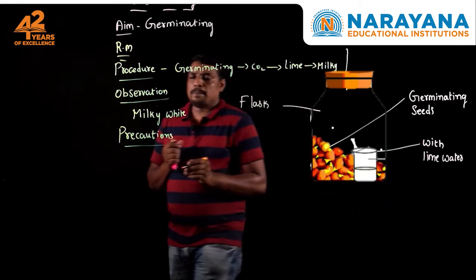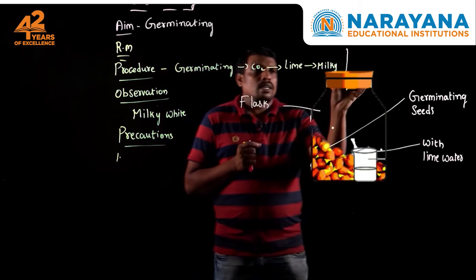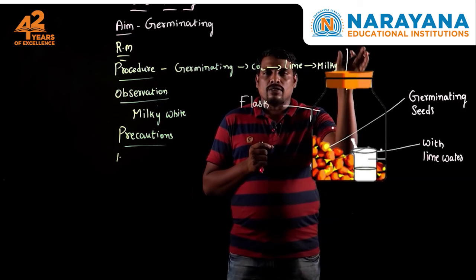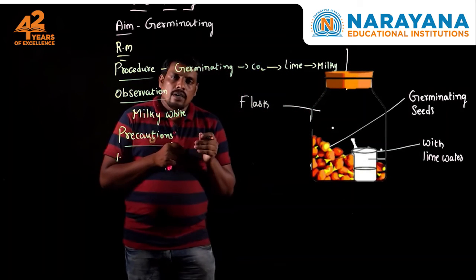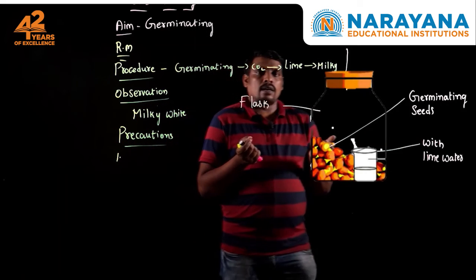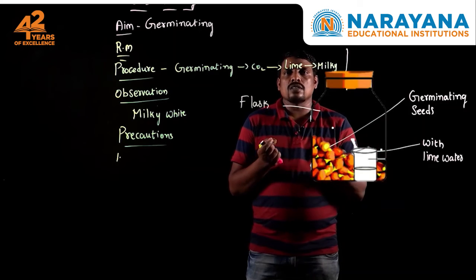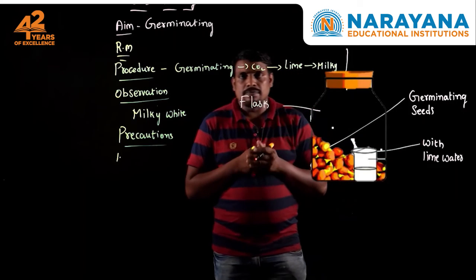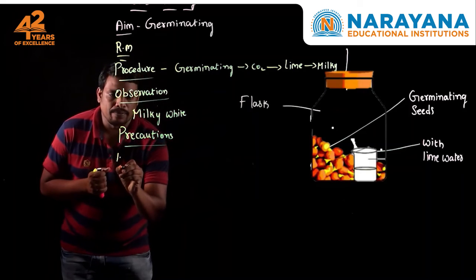Precaution number 1: carefully close the mouth of the flask with the lid without any gap. If there is a gap, what will happen? Carbon dioxide easily escapes and the experiment's result would not come out perfectly. So that's why we have to take that precaution.